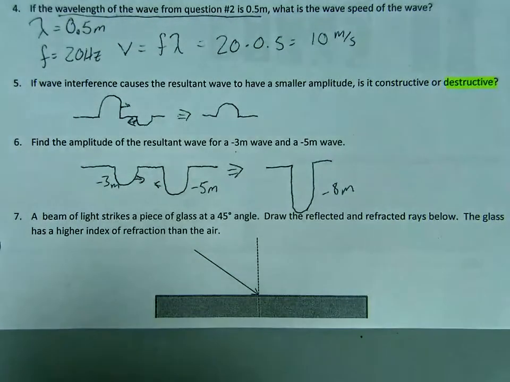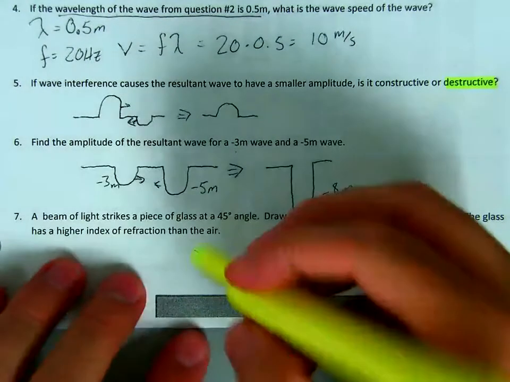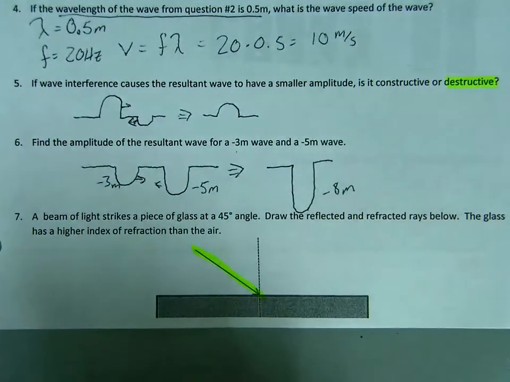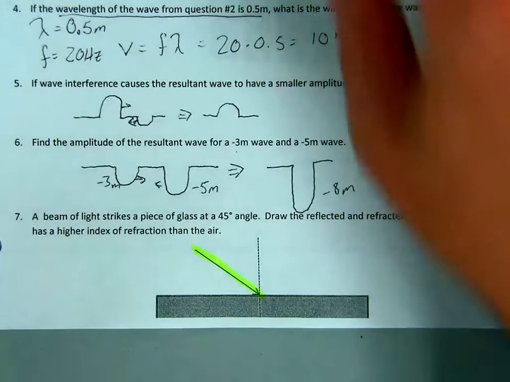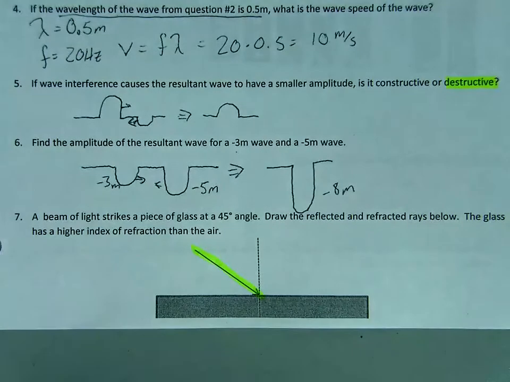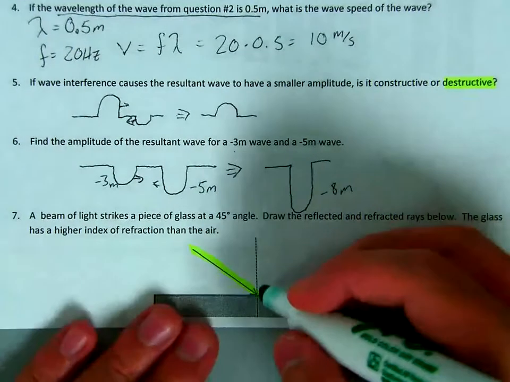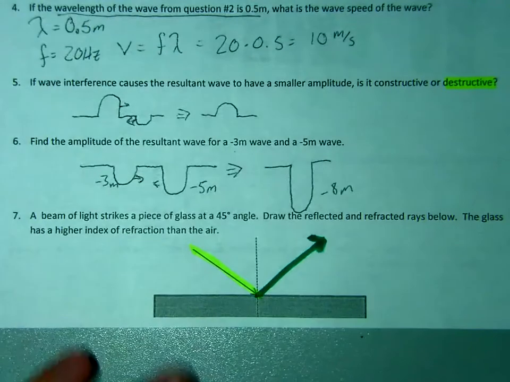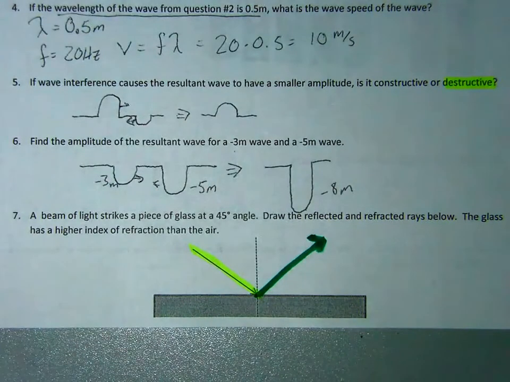A beam of light strikes a piece of glass at a 45-degree angle. So this coming in here is the incident ray. Draw the reflected and refracted rays below. So the reflected ray is going to be bouncing back here at the exact same angle.